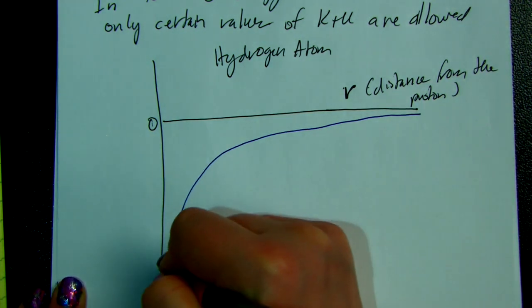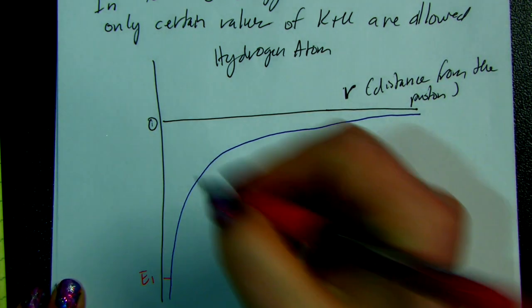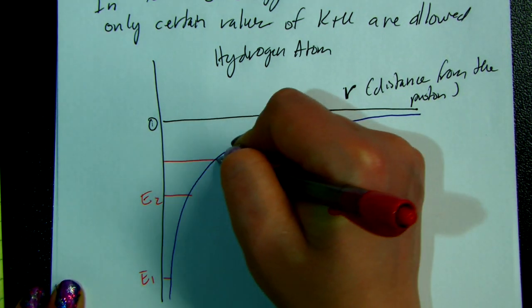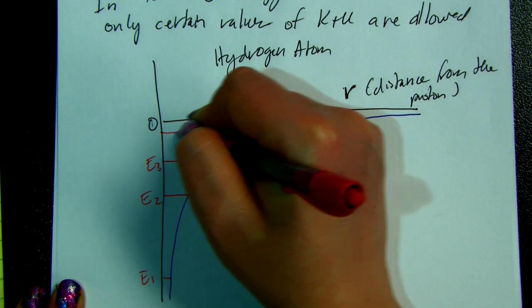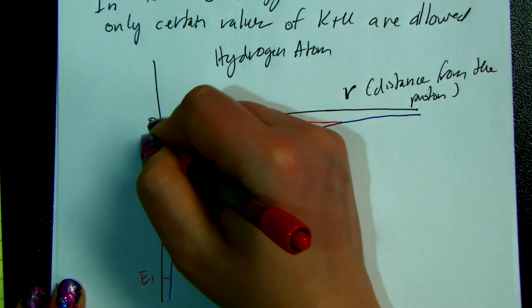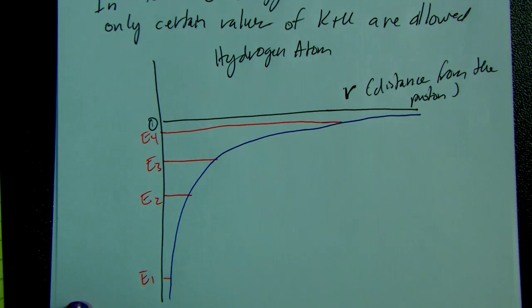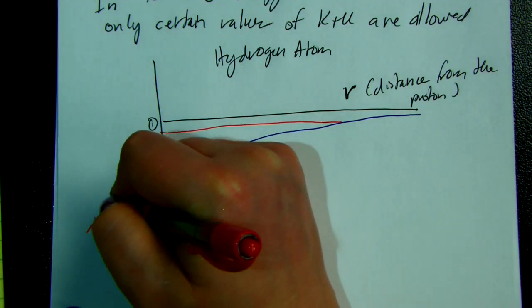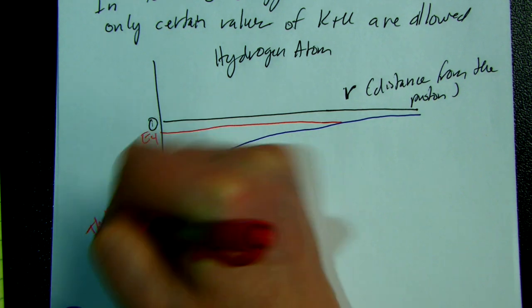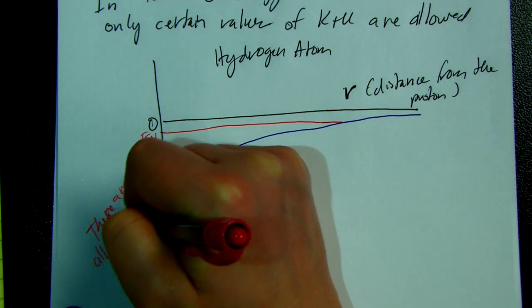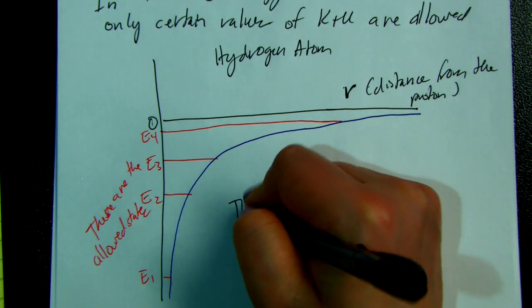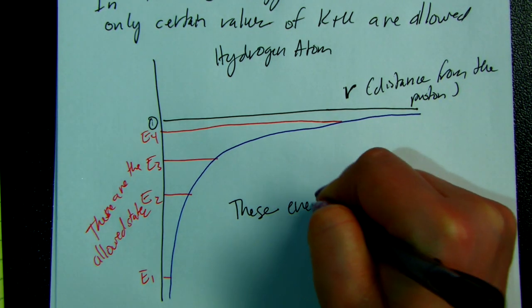And then you'd have these allowed energy levels. So E1, E2, I'm not drawing this to scale, E3, E4, etc. And so these are the allowed states. If it's not in one of these energy states, it is not allowed. And these are quantized.